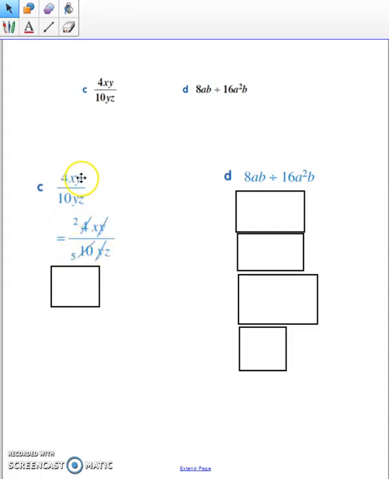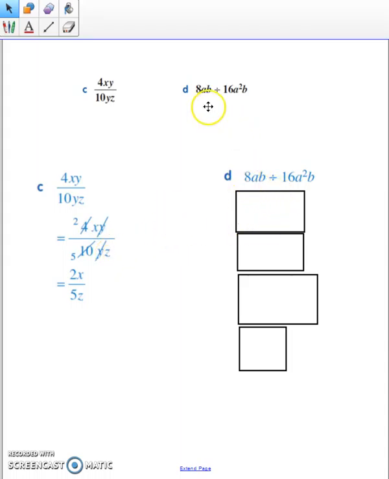Then if we've got the same pronumeral on the top and bottom, they cancel each other out. So this will then become 2x over 5z. Now if that was an x instead of a z, they'd all be cancelled out and it would be just 2 over 5. But because we've got one of that and one of that, you can't cancel.